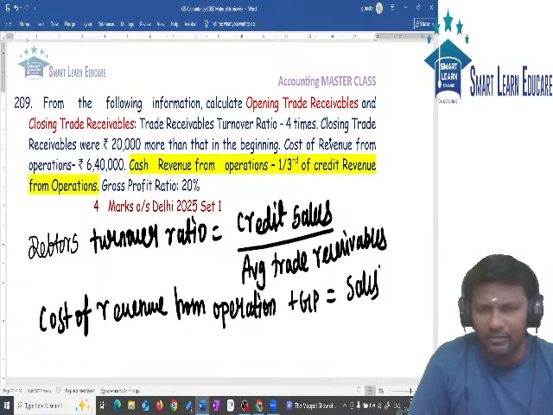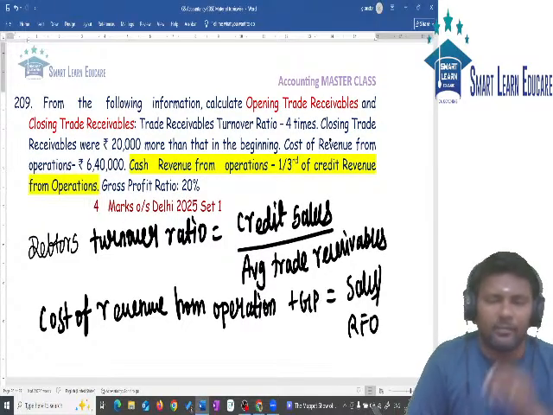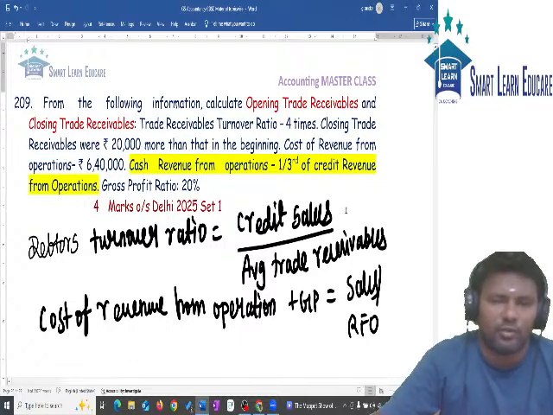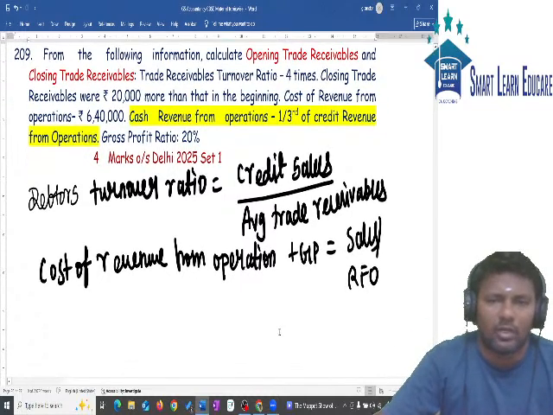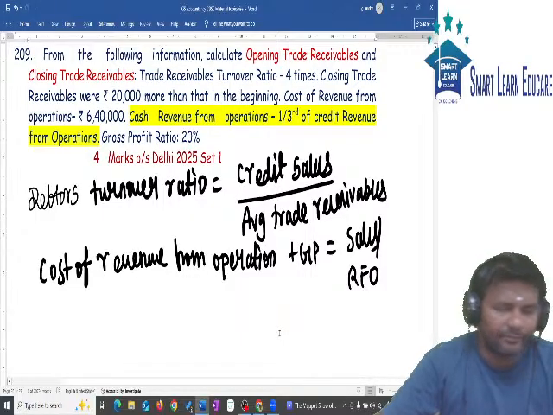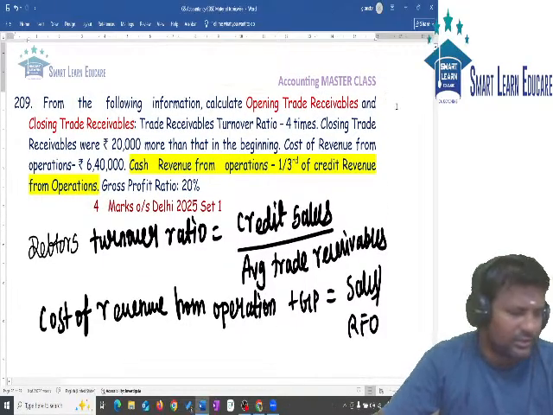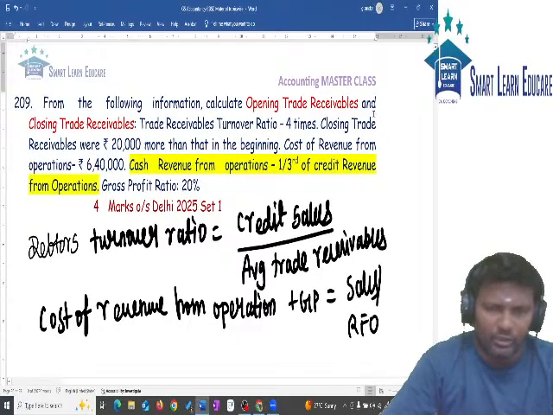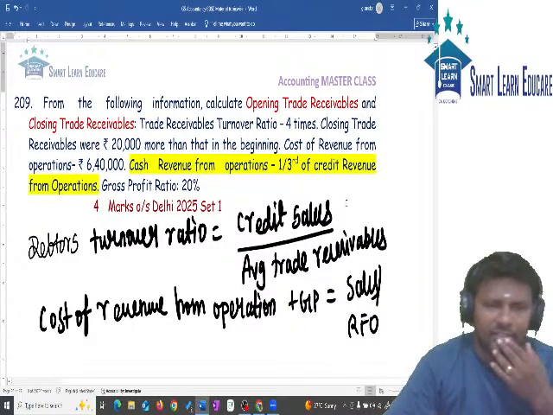Sales is nothing but revenue from operation. Cost of goods sold plus gross profit will give you revenue from operation. Substitute these numbers and you will get the answer. Two minutes time. First you try, then we will discuss the answer.